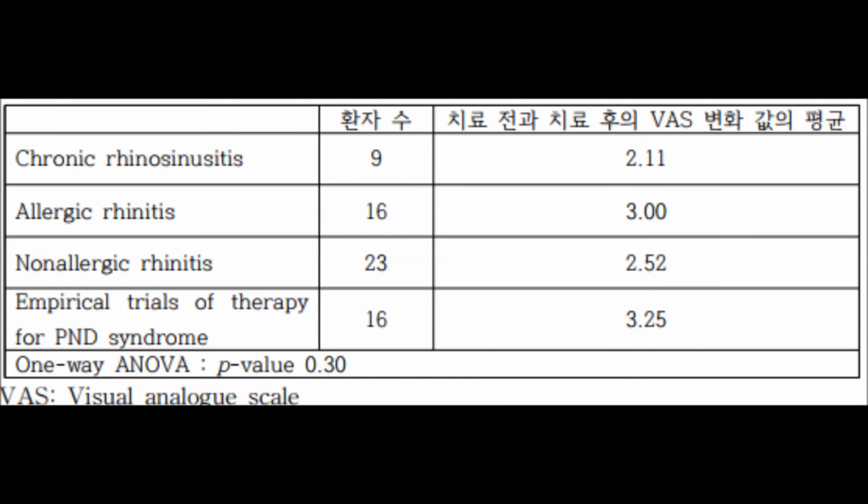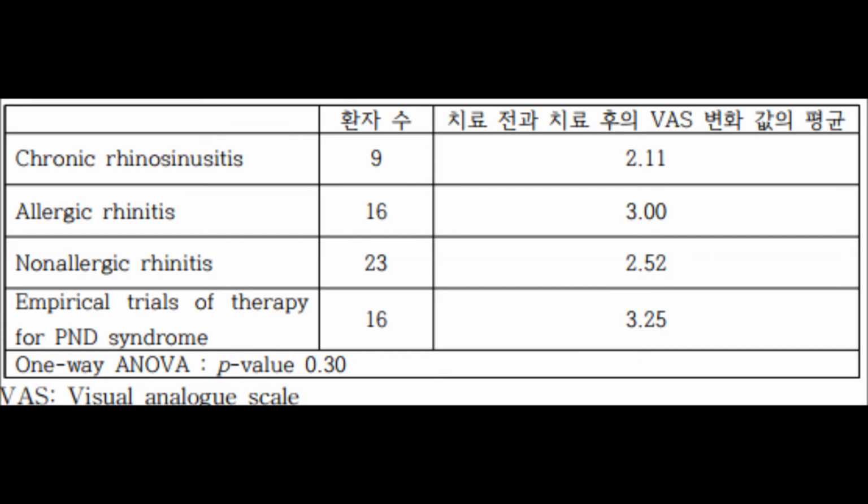There was no statistically significant difference, by chi-square test, in VAS improvement between the 48 patients whose cause of PND syndrome was initially diagnosed and the 22 patients who had prior empirical treatment.